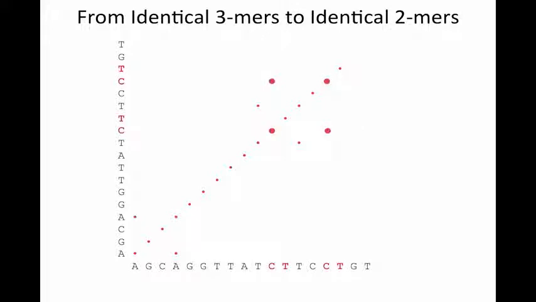And you can see that in this case the number of dots increased as compared to k equals 3. For example, these 4 dots correspond to repeated occurrences of the 2-mer CT in the genome.